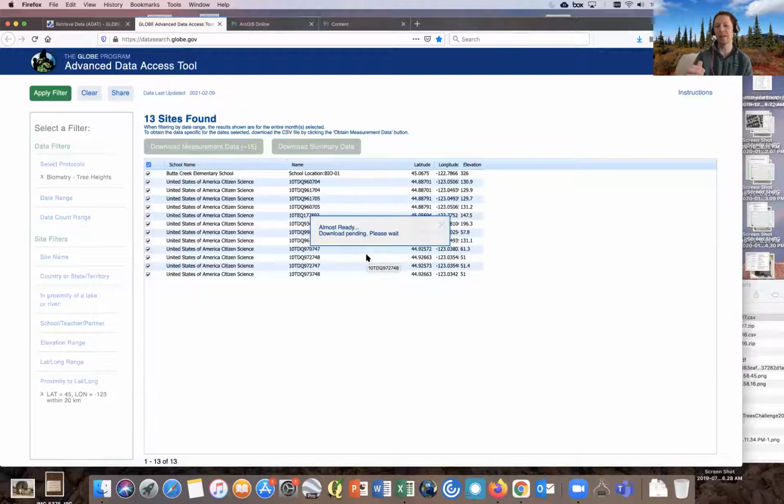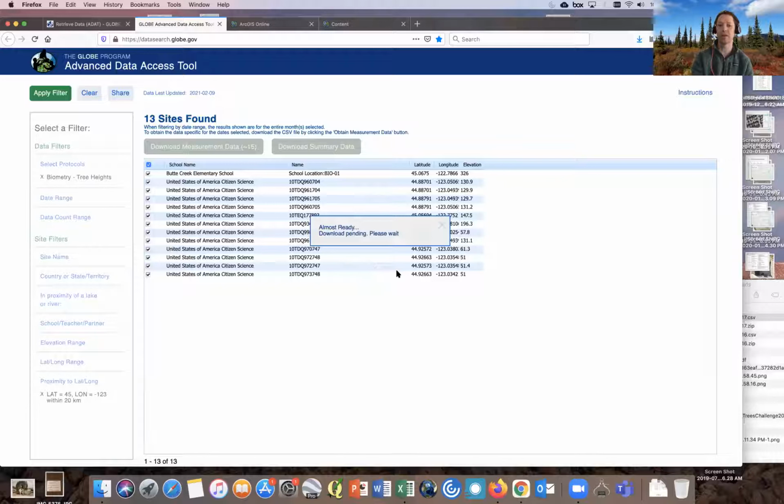If you have a lot of data, this can take a couple minutes to actually roll up and access. And as soon as that is available, you'll be able to download it in a zip file.